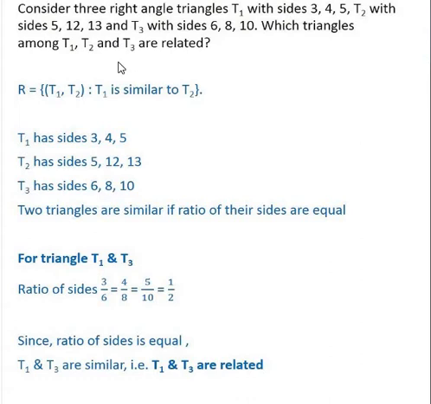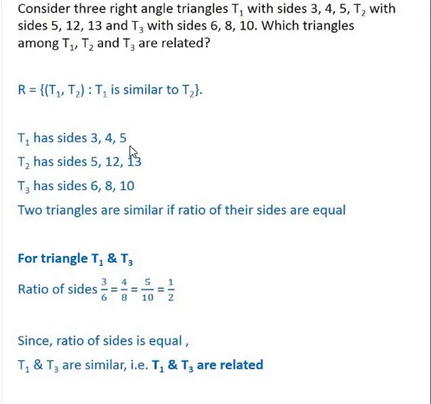How can we check? They are similar if the ratio of their sides is equal. T1 has sides 3, 4, 5, T2 has 5, 12, 13 and T3 has sides 6, 8 and 10. For triangles T1 and T3, we know that if we multiply 3, 4, 5 by 2, we get 6, 8, 10.